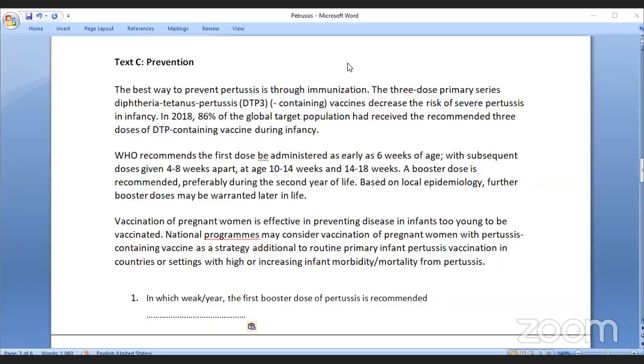Very good. So 50% of you are saying 6 weeks and 50% are saying second year of life, maybe 40, 60. So please, can anybody tell me why the answer is 6 weeks?